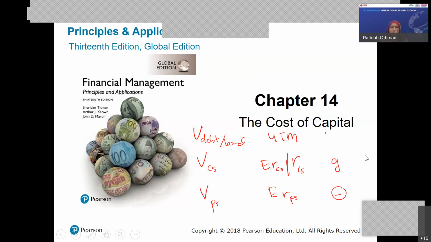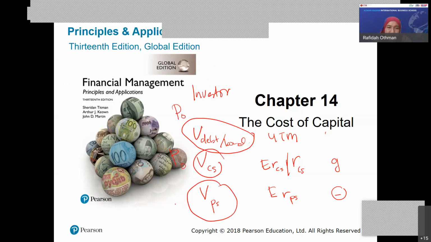So to sum up, from the investor's point of view, we look at this value as a market price. This is also a market price for preferred stock.